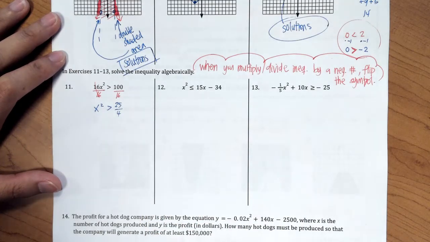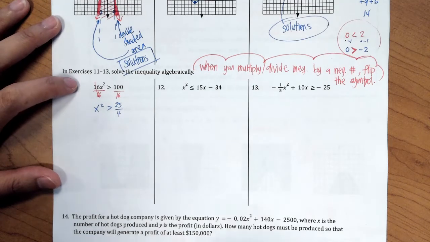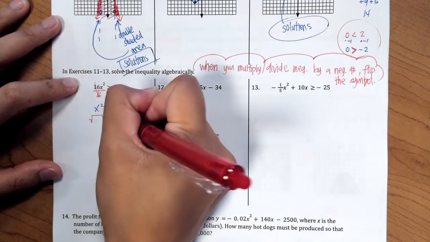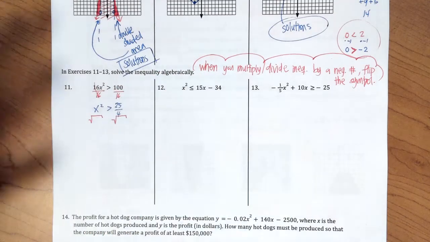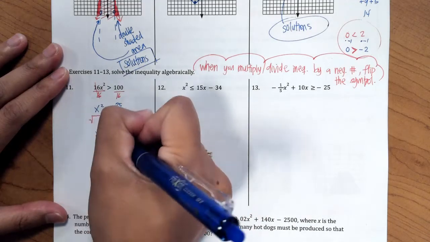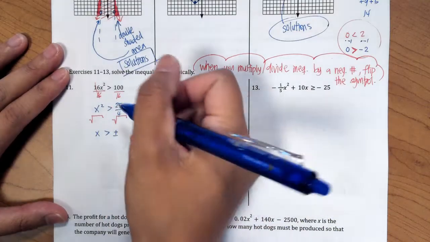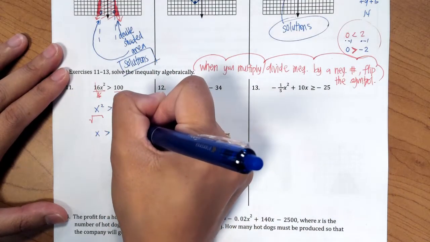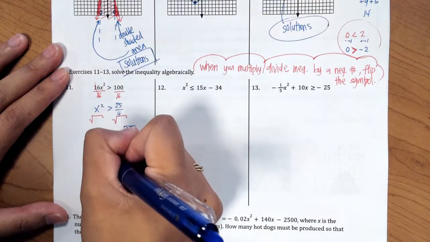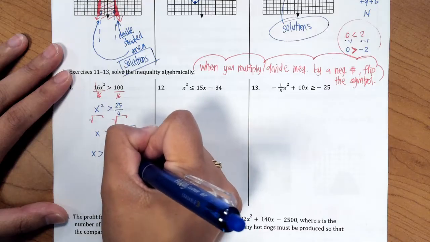Now you want to take the square root of both sides, but it's really important that there are two x's. So you take the square root of both sides, and that gives us x is greater than plus or minus the square root of 25 over 4, which is x is greater than plus or minus 5 over 2.